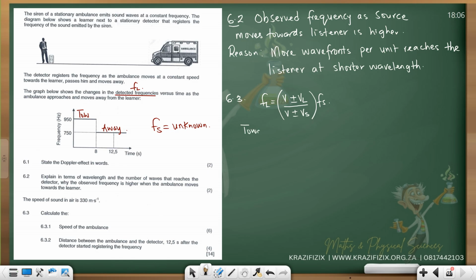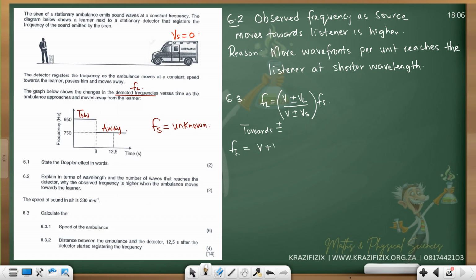If we are moving towards, we said it is plus on top and minus at the bottom. Which one is stationary again? The ambulance. So I know that my VS equals what? Like I said, I just remove it from the formula. FL, towards is plus on top.